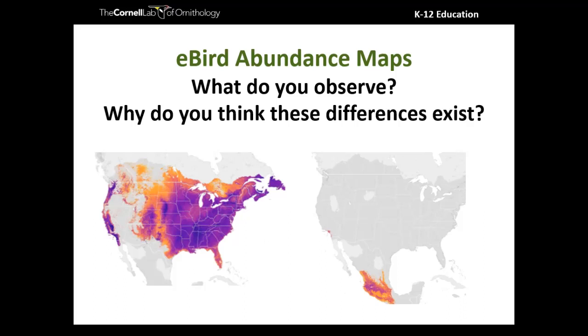They show the predicted abundance of a bird during a particular time of year, and they're actually created with supercomputers. All these sighting data goes in, it gets combined with land use data, satellite imagery from NASA, and population density information, and all gets put together to create these models.